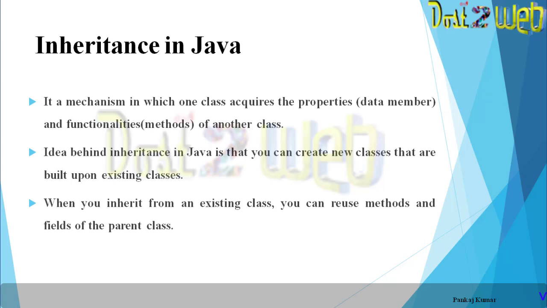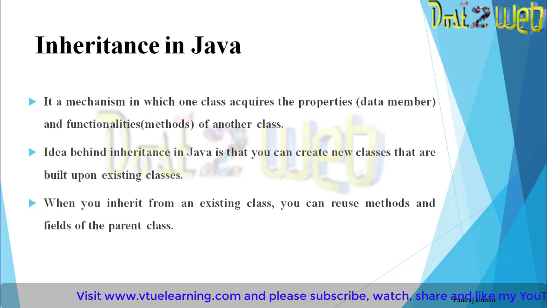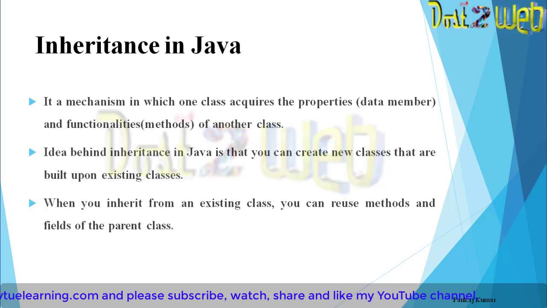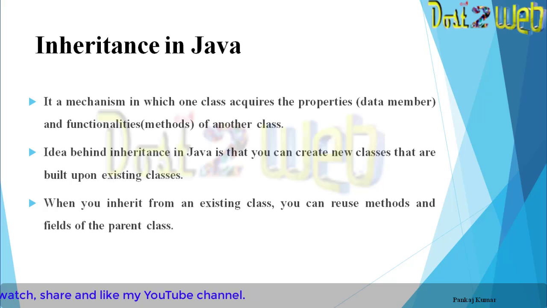So when you inherit an existing class, you can reuse the methods and fields of the parent class. In another way, you can say that inheritance means in Java we have the reusability concept. That means wherever you have created a class, you can use it anywhere. You can access that class from any other classes.